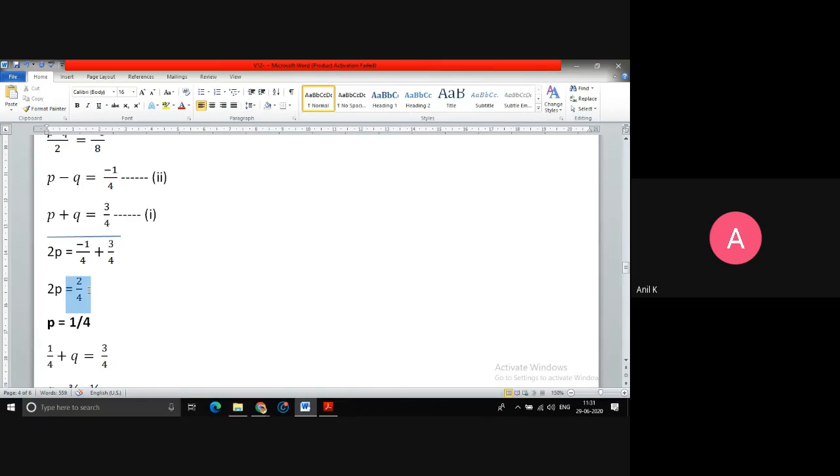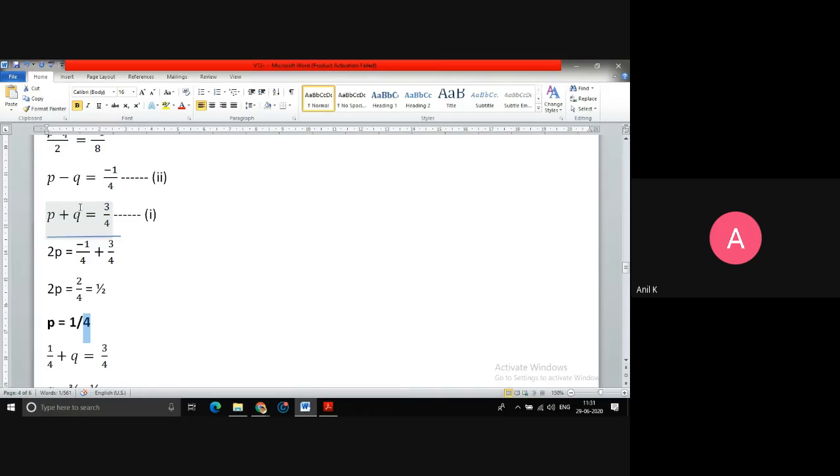So I have 2 by 4. 2 by 4, if you want, you can write as 1 by 2. I have 2p equals 1 by 2. Then p will go as 1 by 4, because this multiplication 2 with p will come to the denominator here. Already the denominator is 2, one more 2 is coming to the denominator. So 2 twos are 4. Now p value is 1 by 4.